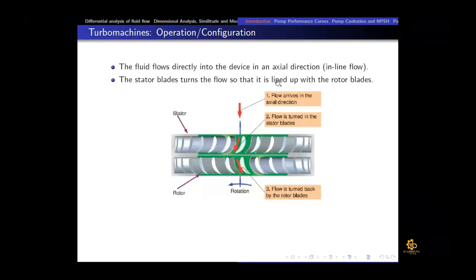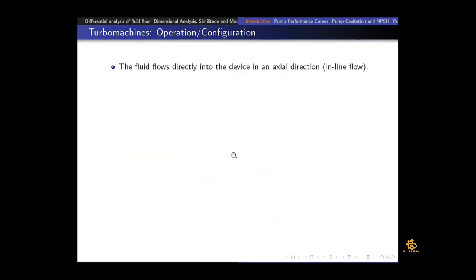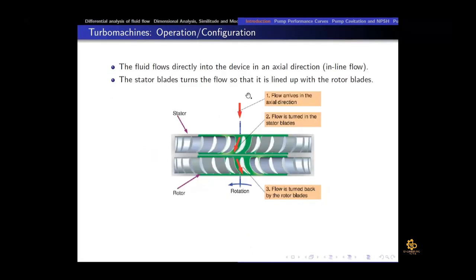And then the stator blades turn the flow so that it is lined up with the rotor blade. This figure is shown from the front, right? If you look from this side, here in the first row you see the aerofoil-like cross section of the blade, and this is the axial direction. Now the shaft is attached here, which is being rotated.